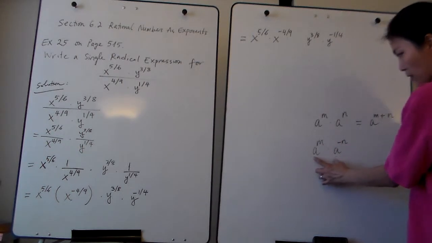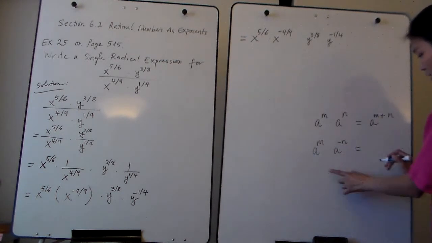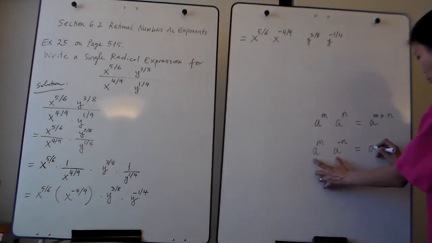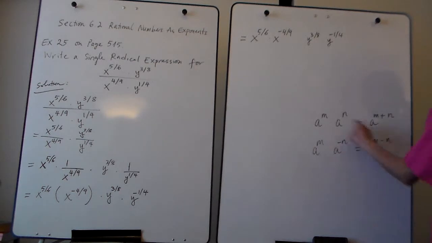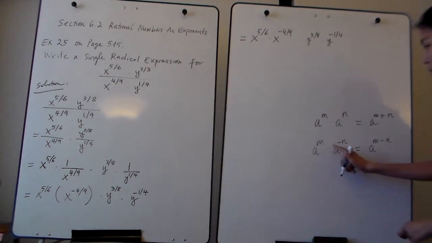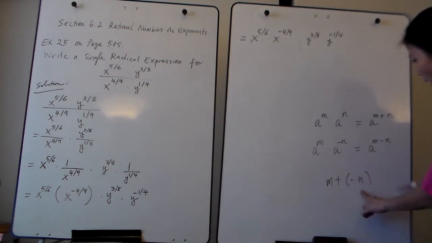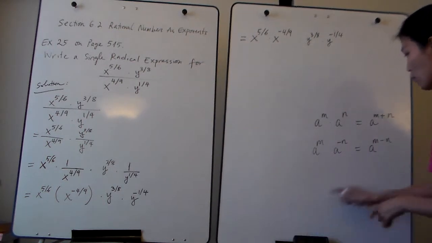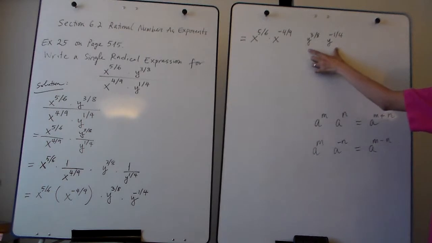Same base, one positive exponent and one negative exponent, you can write it as one base a and take the sum, which is m minus n. If you have a negative here, that means you take the difference of the two, m minus n. Or think of it as m plus negative n, which simplifies to m subtract n. So I'm going to use the laws of exponents to simplify these two factors and these two factors.